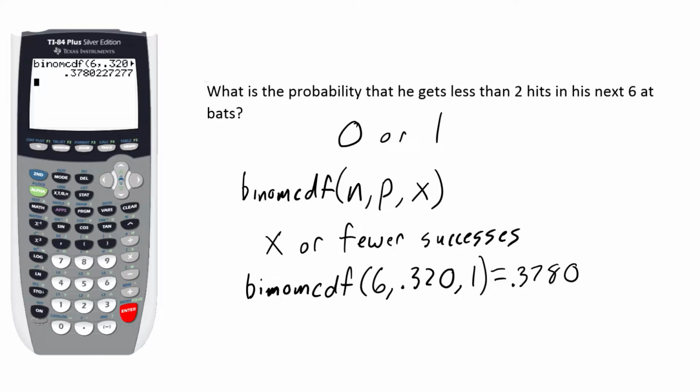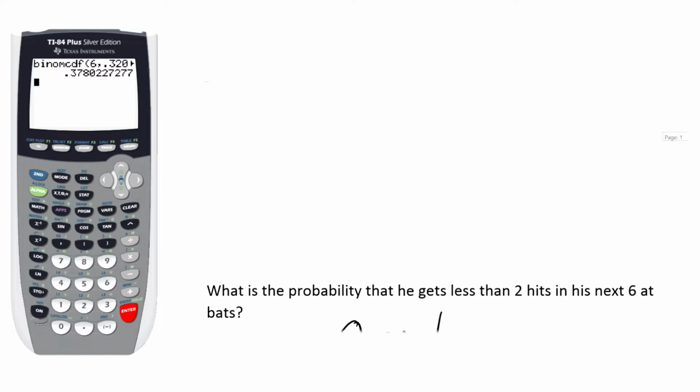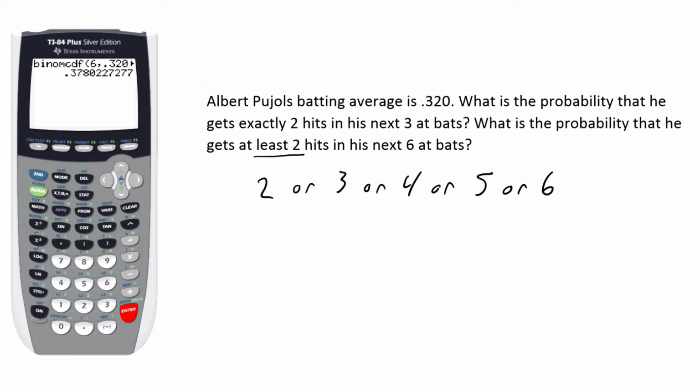All right, so now we found the probability that he gets less than 2 hits. But again, that was the opposite of what we actually wanted in the problem. Let's go back up to our original question. We wanted to know, what is the probability that he gets at least 2 hits? And so at least 2 hits, again, is anywhere between 2 and 6 hits. So if we think about it, he has to get somewhere between 0 and 6 hits in his next 6 at-bats.